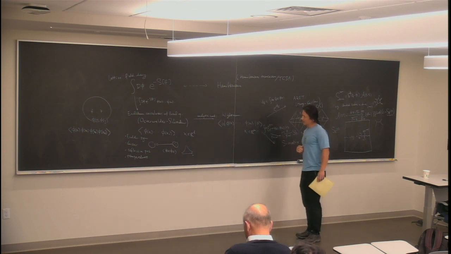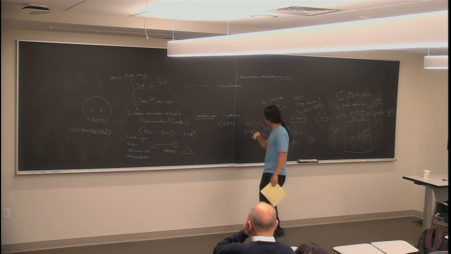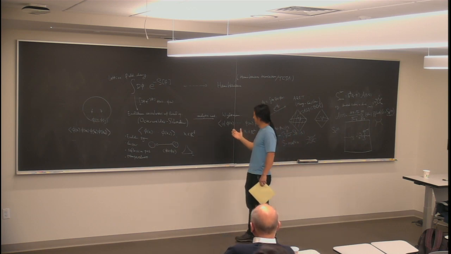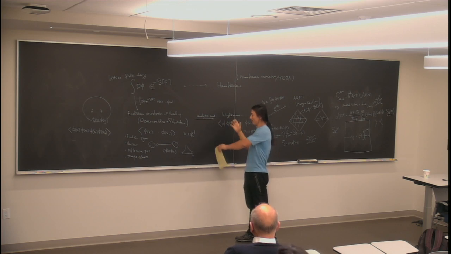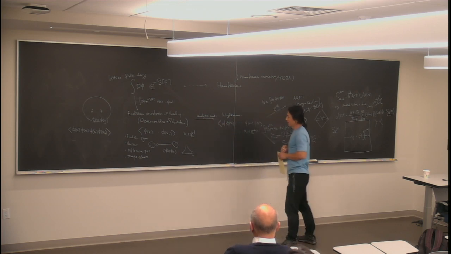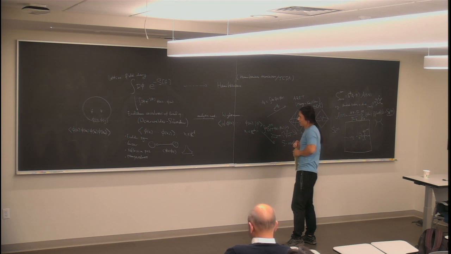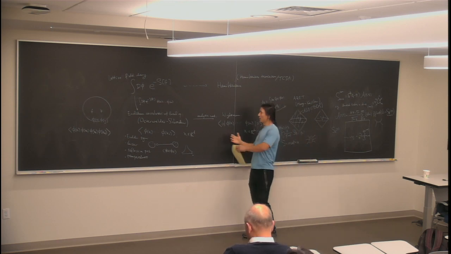the analytic property. By the way, I should say that in the literature, it's sometimes stated that there is a set of Euclidean axioms, which are the Osterwalder-Schrader axioms, and then there's a set of Lorentzian Wightman axioms that's supposed to be equivalent.